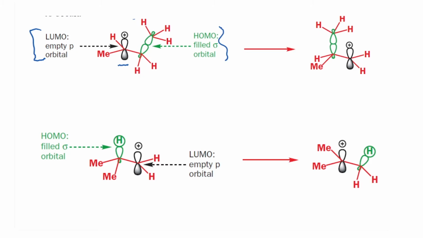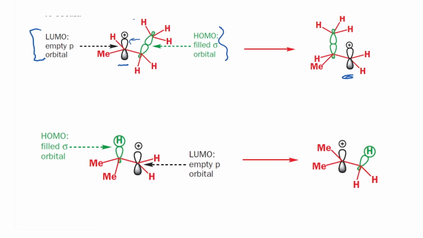And now once this filled sigma bond, which has 2 electrons, starts interacting with this empty or vacant p orbital, then there's a transfer of electrons, and you now form a new carbocation after the migration. Okay, so this is one of the examples of the migration of a methyl group.